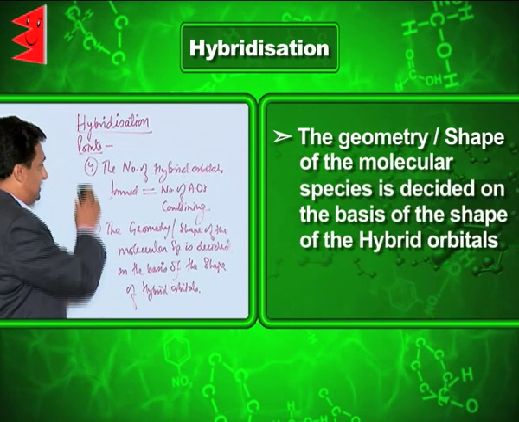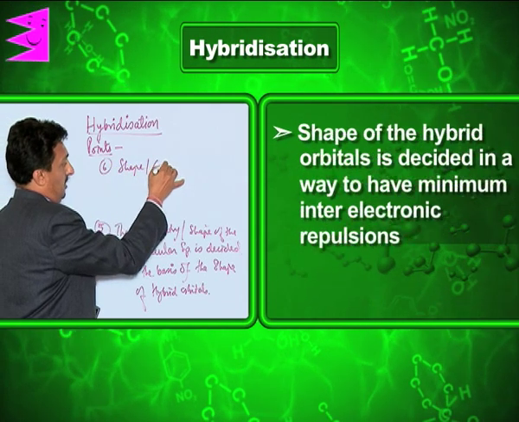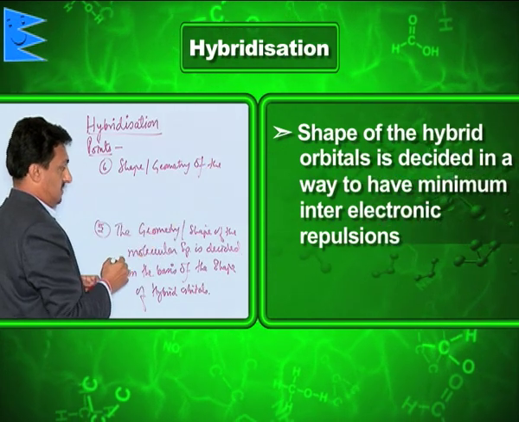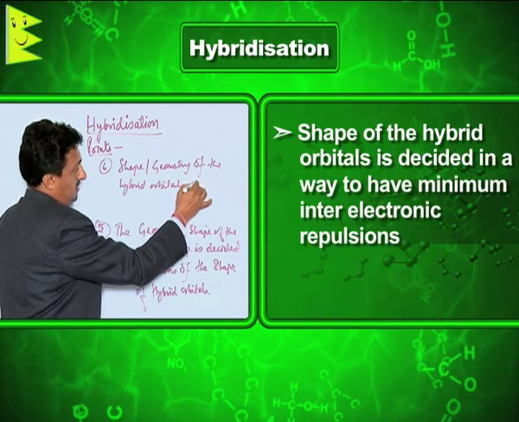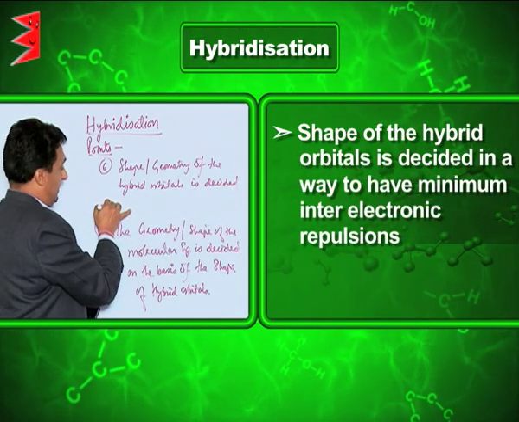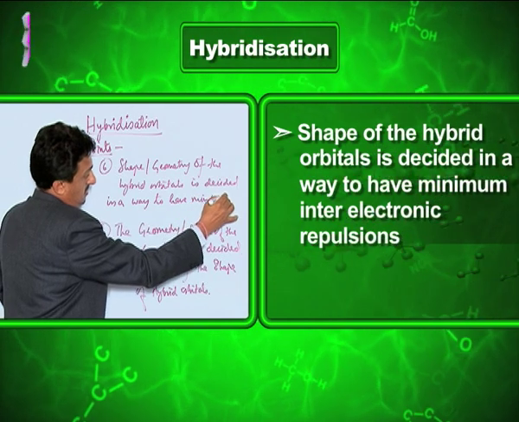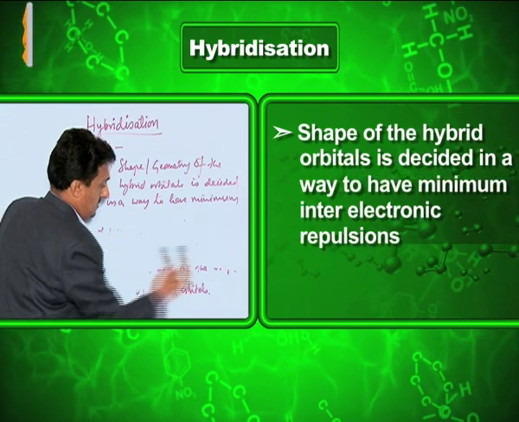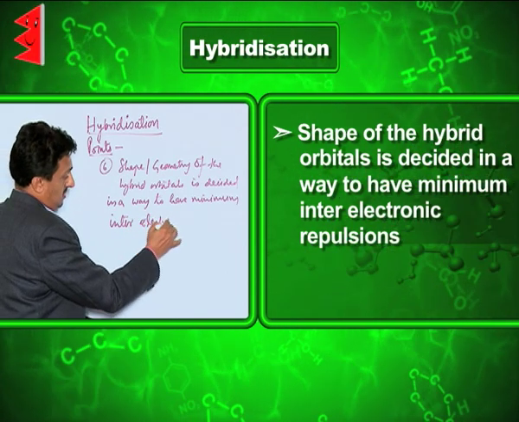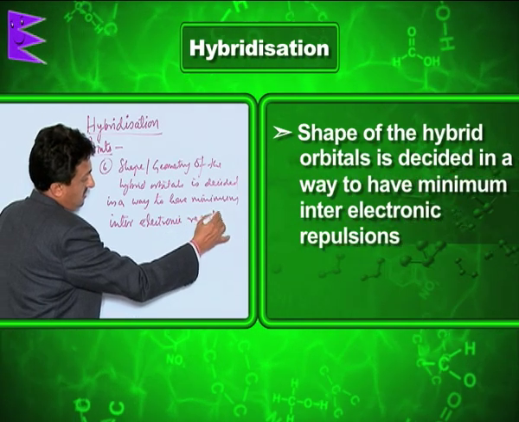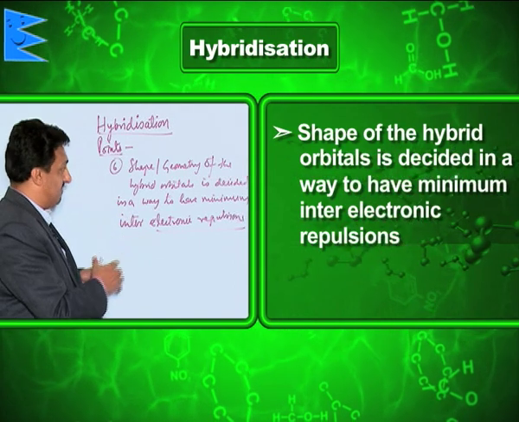Now, the shape or geometry of the hybrid orbitals is decided in a way to have minimum interelectronic repulsions, which was also the basis of the valence shell electron pair repulsion theory. So these are a few basic points in this.